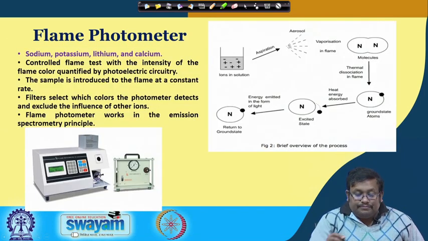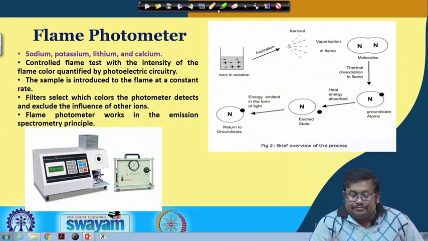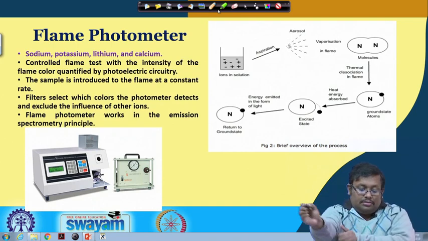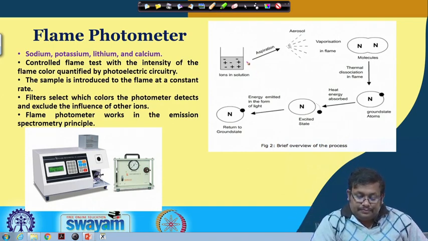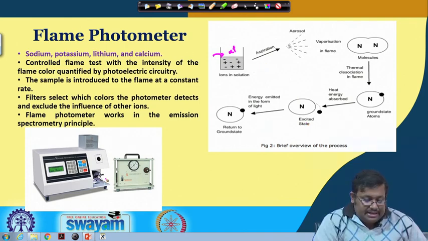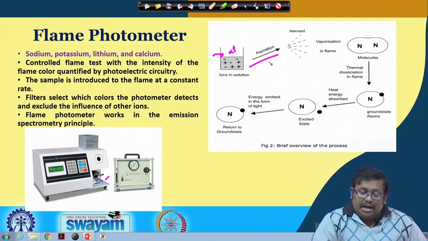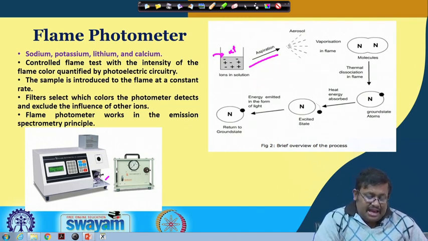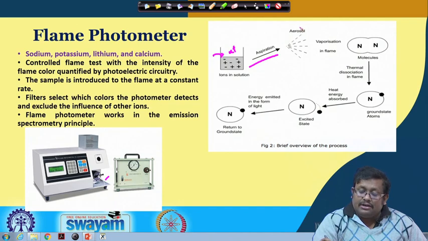So, the basic principle is, first of all, we take the extracted solution which contains the potassium ions. There is an aspirator here, which will suck this solution, and inside a chamber it will create an aerosol.